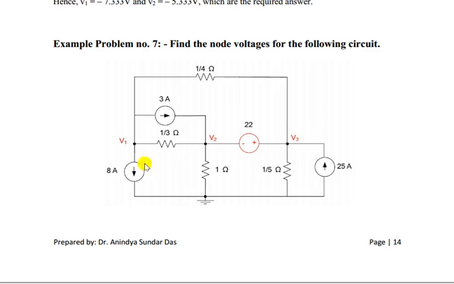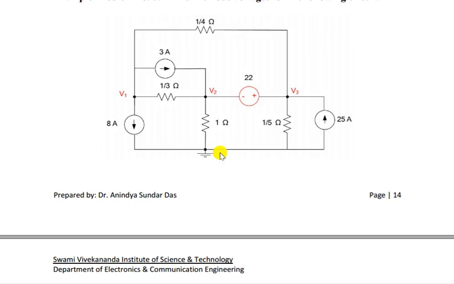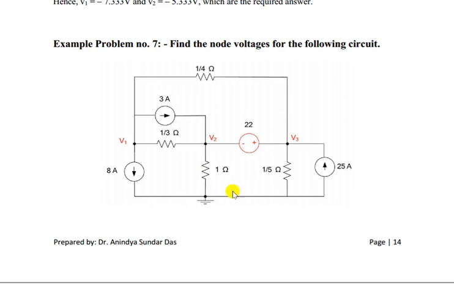So we can solve in that way also, but here we are taking this one as ground, with V1, V2, V3 as three unknown node voltages. Among these, between V2 and V3, two non-reference nodes, we have a voltage source, so we have to form a super node, taking V2 and V3 together.